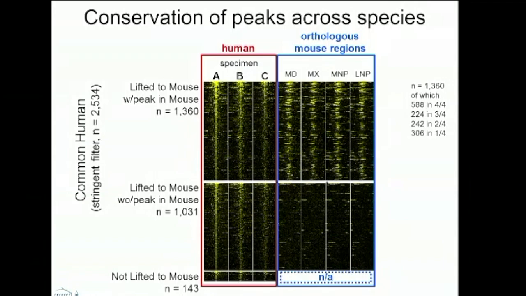This has been observed many times, so compared to the genome-wide average, you would expect a much larger proportion of sequences that can be lifted over. The exact proportion will depend on how conserved the starting data set is. And I suspect when you say regulatory sequences, you are referring to some other way of assessing regulatory sequence.